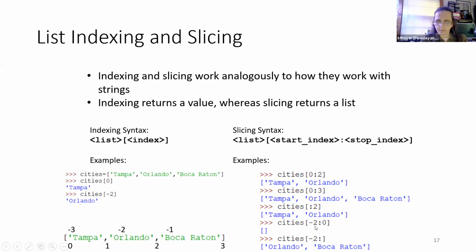This is an interesting example. We're starting at -2 and we're going down to 0. If you index in the backwards direction, you're always going to get the empty string, even if you think there's something in there, because between -2 and 0 there's a difference, right?